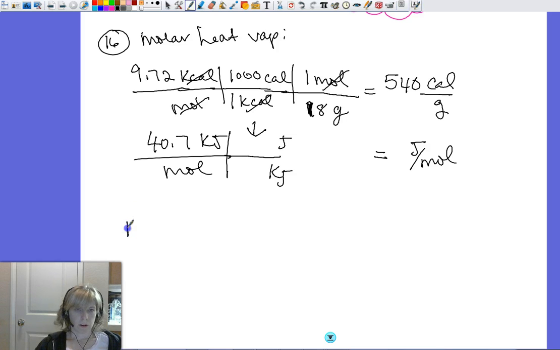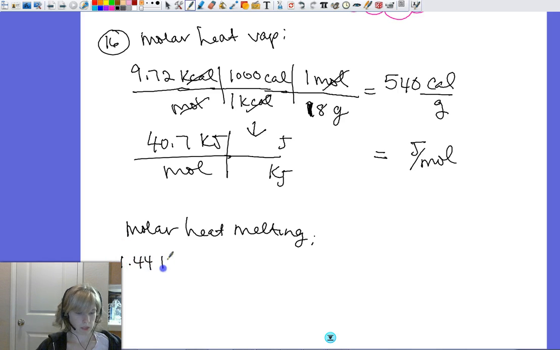Now for our molar heat of melting, for calories, if we have 1.44 kilocalories per mole, and they want us to get to calories per gram again, we're just going to do the same process.